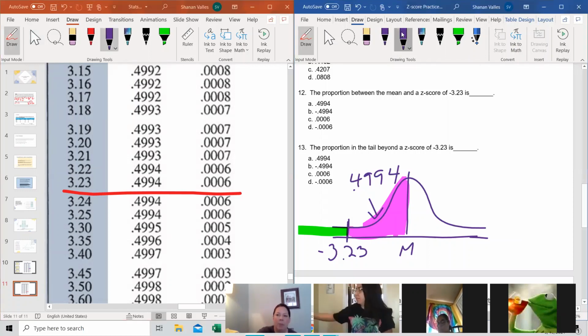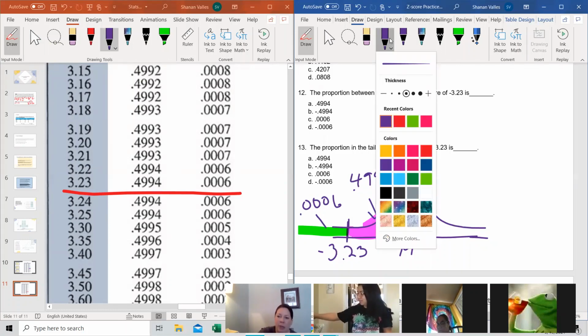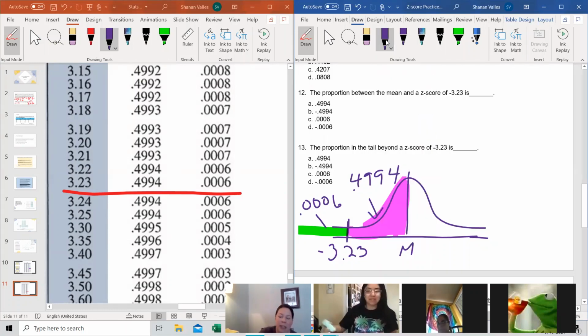We have a z-score here that's really far out there, so there's not that many people left in the tail. That's why we have such a small value right there: 0.0006. And it's not meant to be tricky. You will never have a negative; those are just trying to catch people that don't know this information, okay?